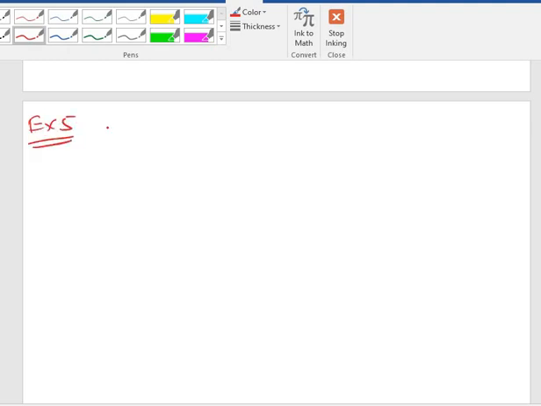Question number 5 in the worksheet, I am picking as example number 5. The velocity of the particle is given as v(t) equal to 4t cube minus 3t square at any time t.